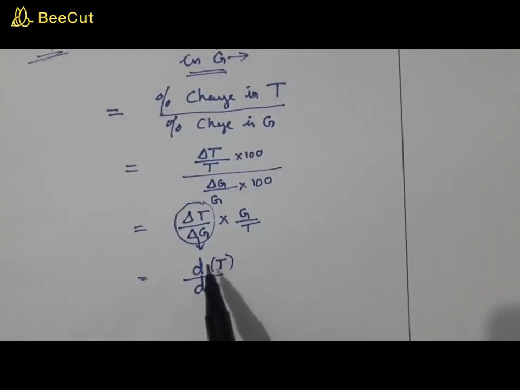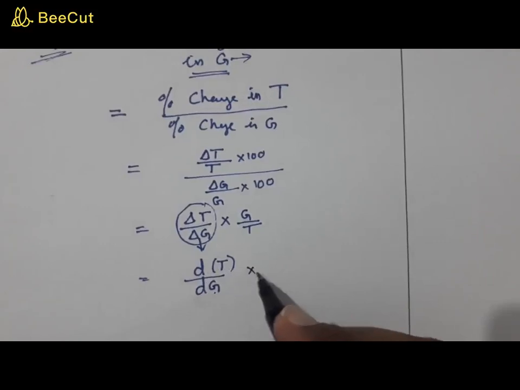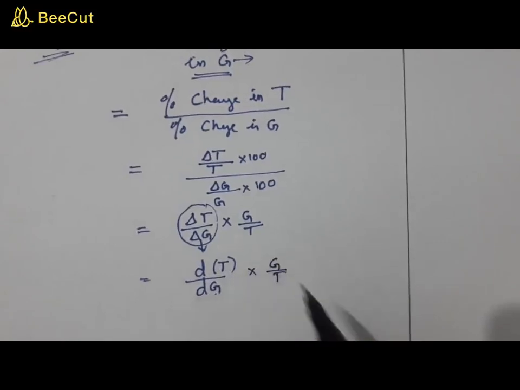So you are going to find the rate of change of the transfer function with the change in G, into G by T.